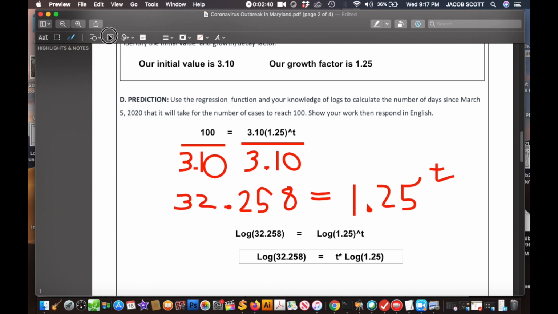So now I'm going to divide both sides by log 1.25.